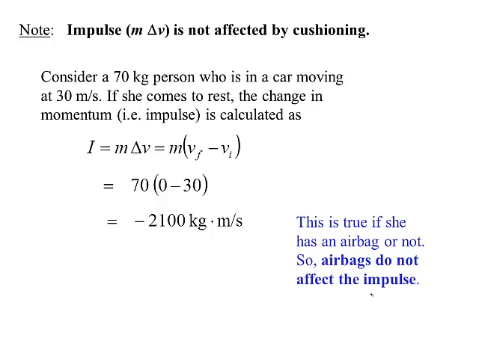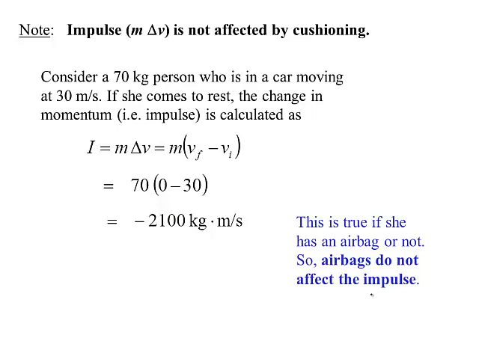That's really important. It's one of the things that we try to distract students with wrong answers for in the multiple choice questions. We test whether you know that impulse stays constant even if the force changes. So for example, consider a 70 kilogram person in a car moving at 30 meters per second. If she comes to rest, the change in her momentum, in other words impulse, is calculated as m delta v.